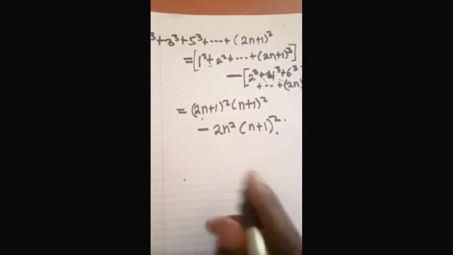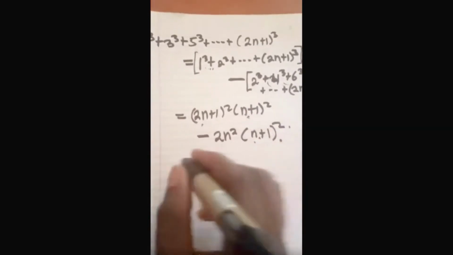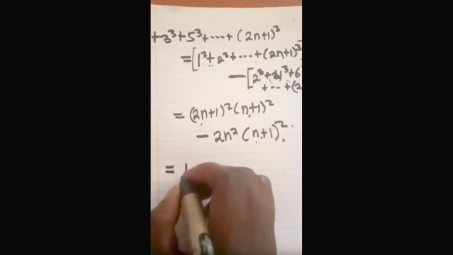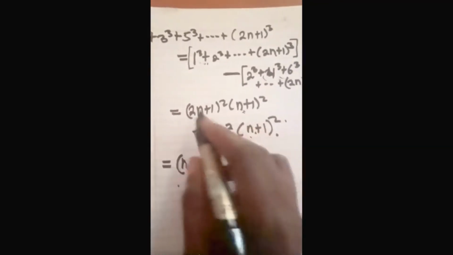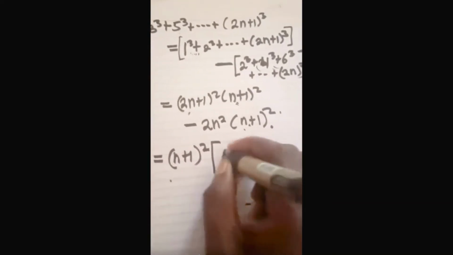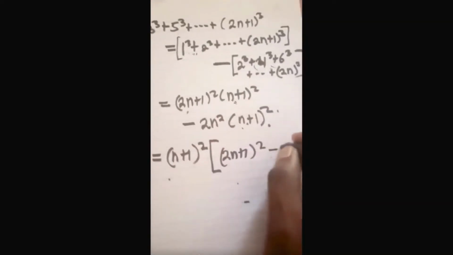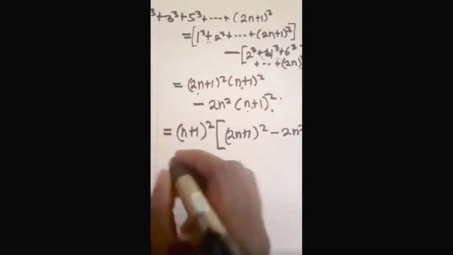When you check properly, we are going to factorize out. This one and this are common. This is equivalent to n plus 1 squared into what is remaining here, 2n plus 1 squared minus 2n squared, because I have factorized this one out.